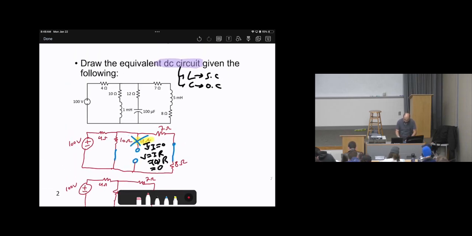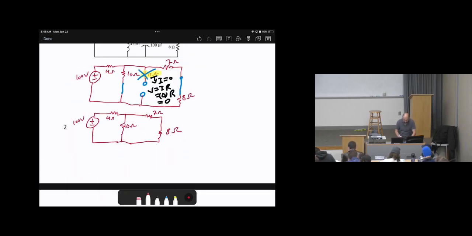The question here says find the equivalent circuit.